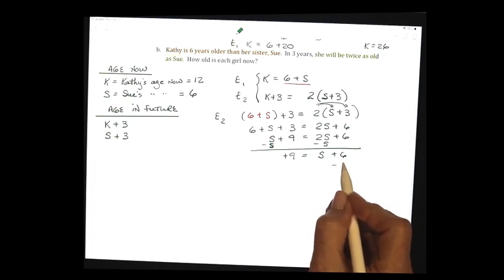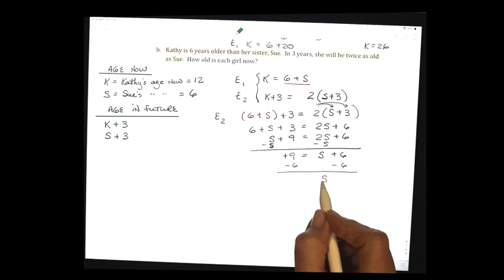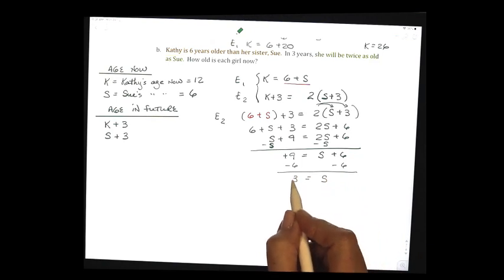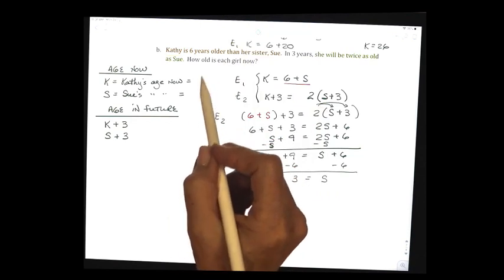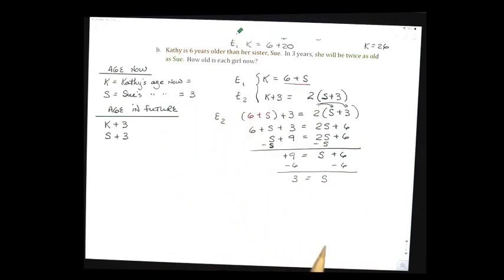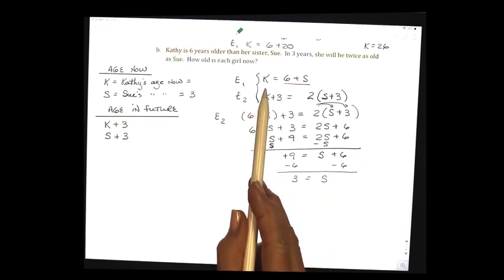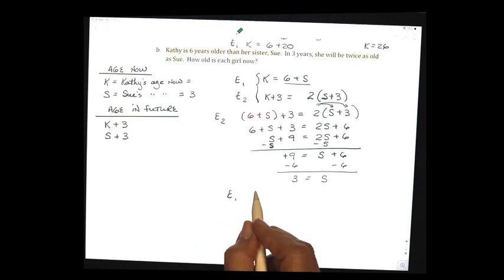I think I'm going to subtract 6 from both sides. So it looks like Sue's current age is 3. And then I'll go back to equation number 1 to get Kathy's age.